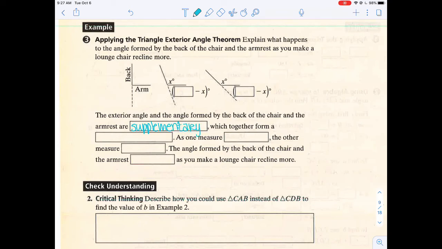If we look at the angle formed by the chair and the armrest and the back of the chair and the armrest, it has to make a straight line, right? Which together form a straight line.